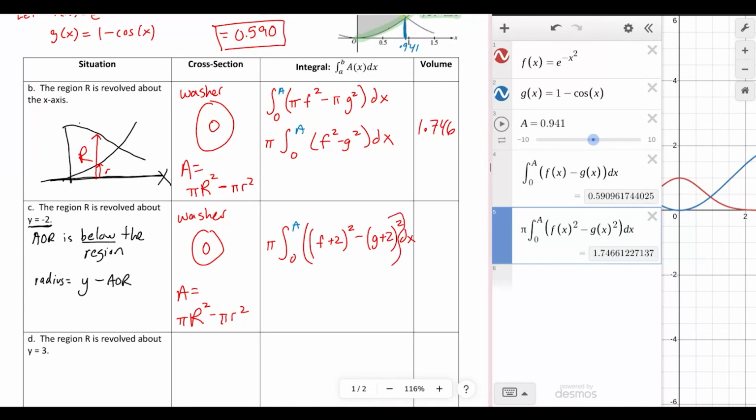There we go. All right, so we could type that in. Actually, we could just modify this. Maybe I'll just highlight, copy and paste this. So we have f of x plus 2, g of x plus 2, and we get 9.172.